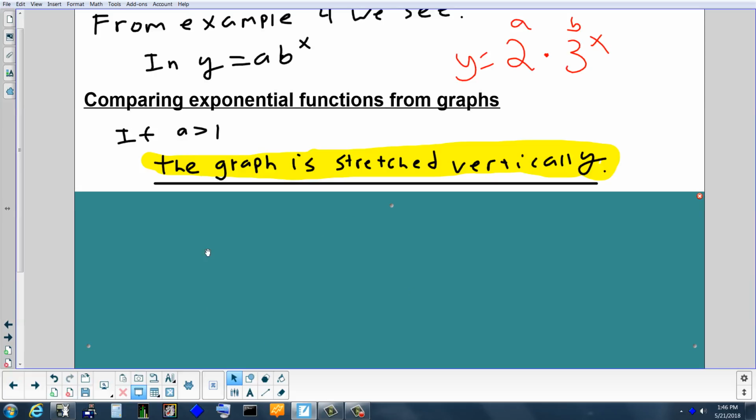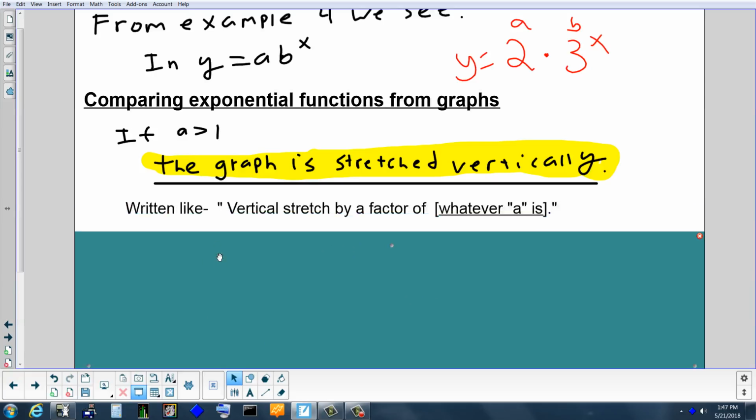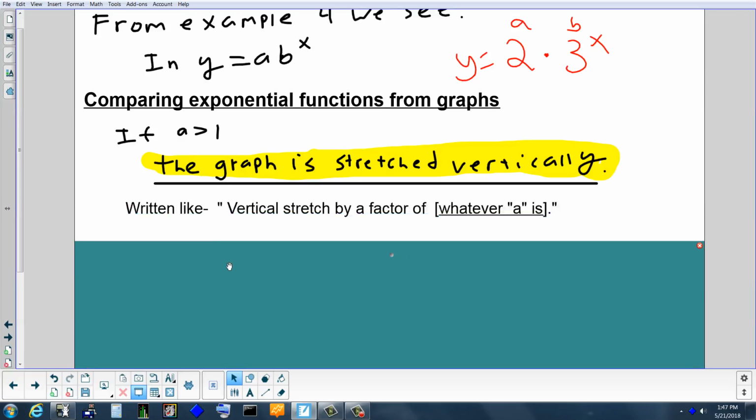So if we ask you to compare the graph of y equals 2 to the x to y equals 3 times 2 to the x, the way you're going to write the comparison is like this. This would be your answer: vertical stretch by a factor of whatever number is written to the left of the number that has the little x with it.